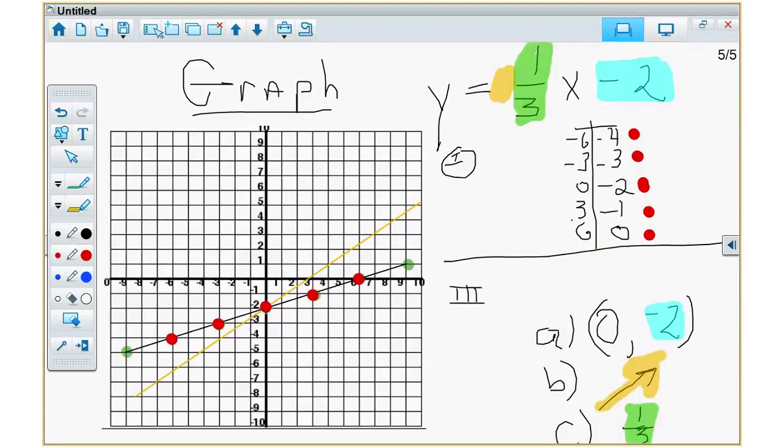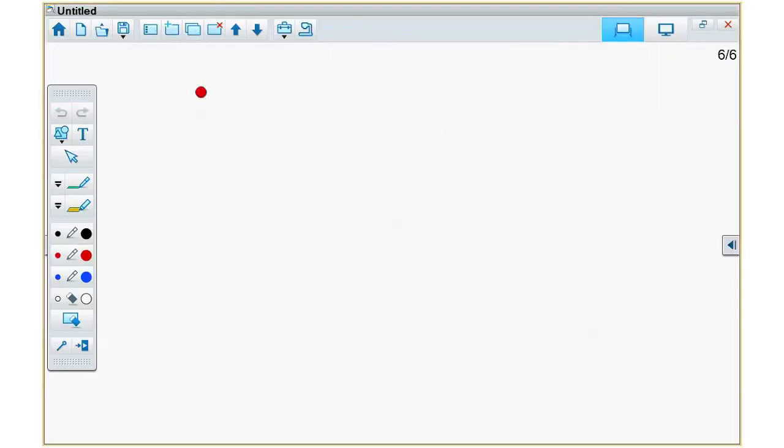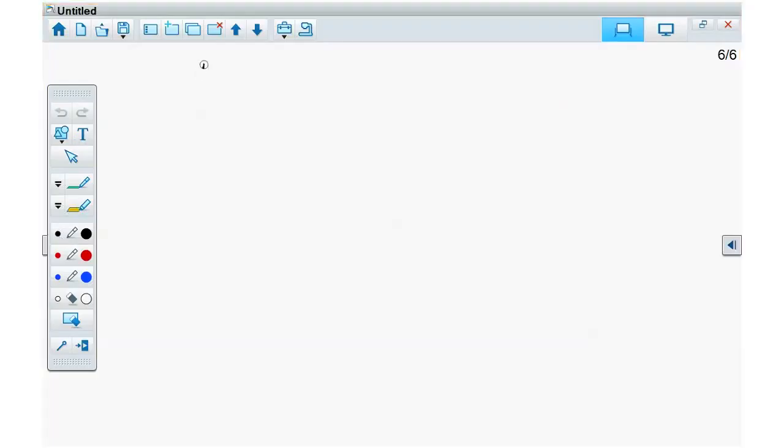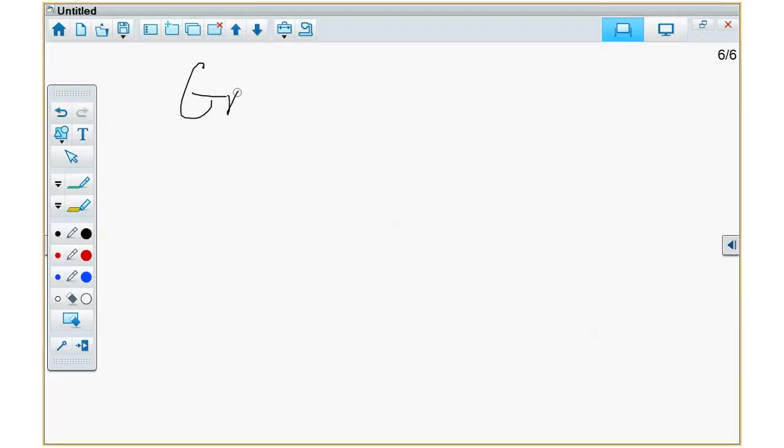Let's try another one. Graph x minus 4y is equal to 8. No, I'm sorry, I just had a brain bubble.